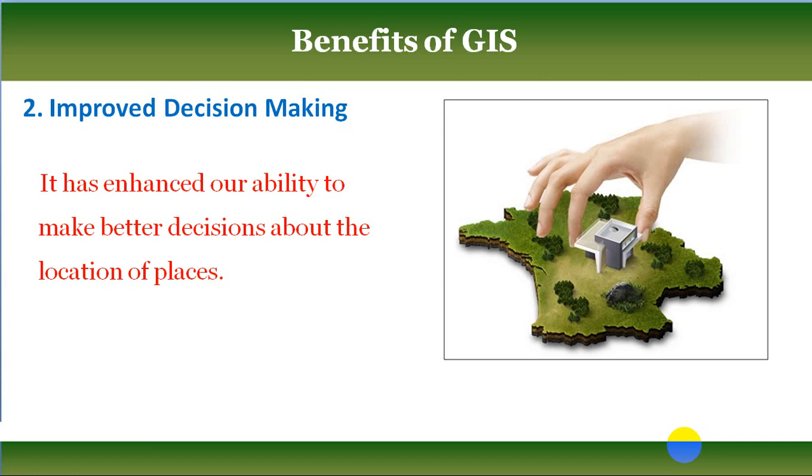In such scenarios, we have to take a lot of decisions. I mean, how to extract natural resources in a very efficient way. So for taking this decision, GIS can help you in a very useful way.